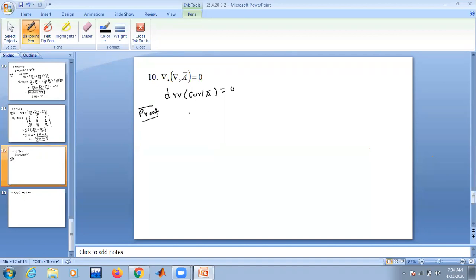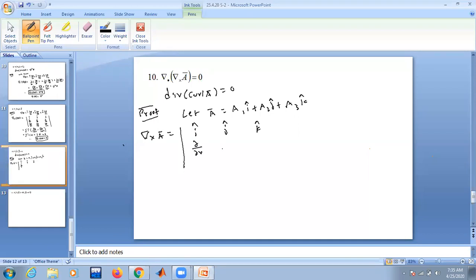So let a bar equal a1 i bar plus a2 j bar plus a3 k bar. Now what is curl a bar? What is del cross a bar? It is the determinant with rows i j k, dou by dou x, dou by dou y, dou by dou z, and the first, second and third components of a bar.